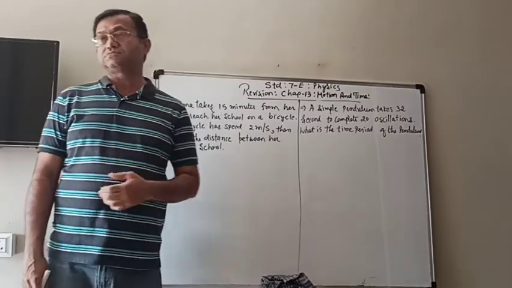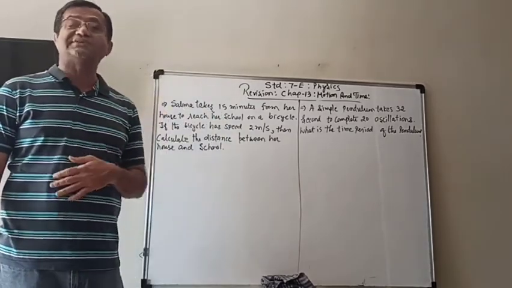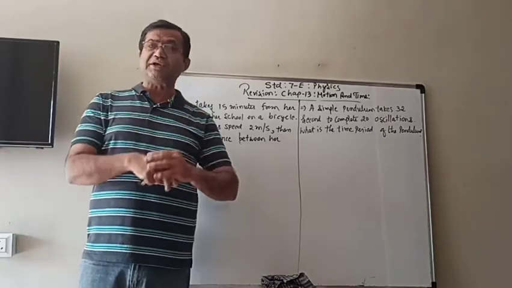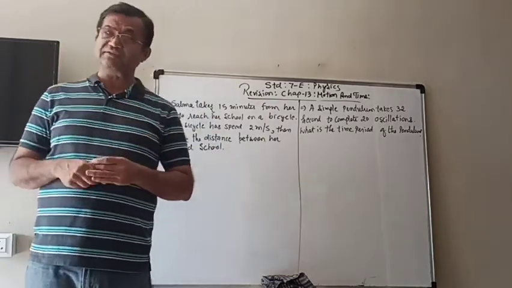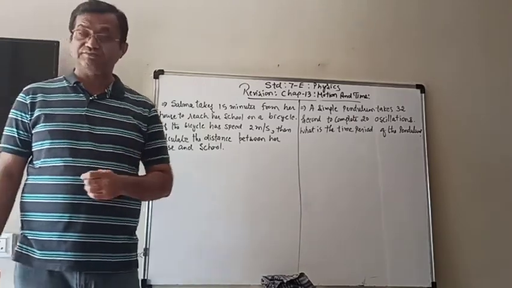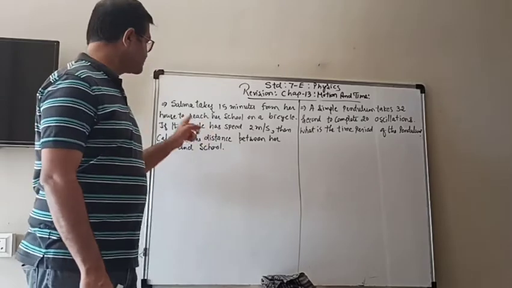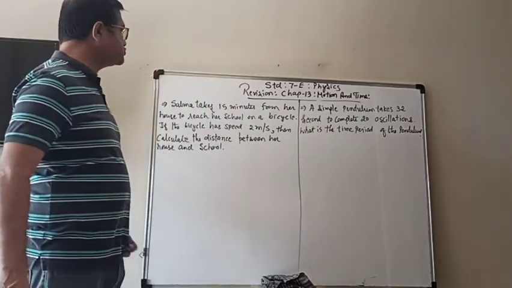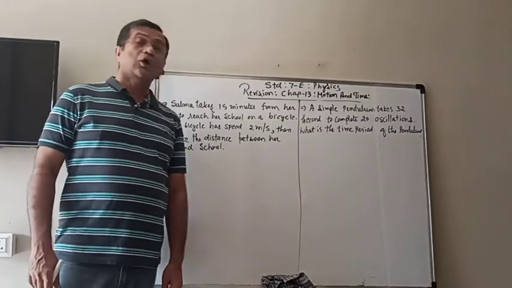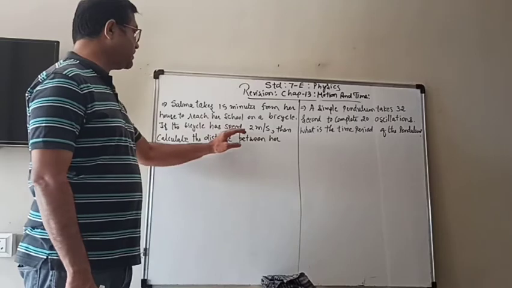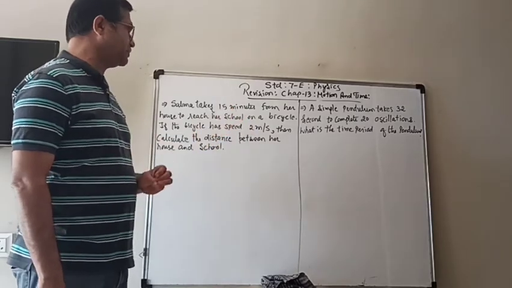Now let us take one more example in which the speed is given, time is given, but we have to find the distance. So here Salma takes 15 minutes from her house to reach the school on a bicycle, and the bicycle has speed 2 meters per second.